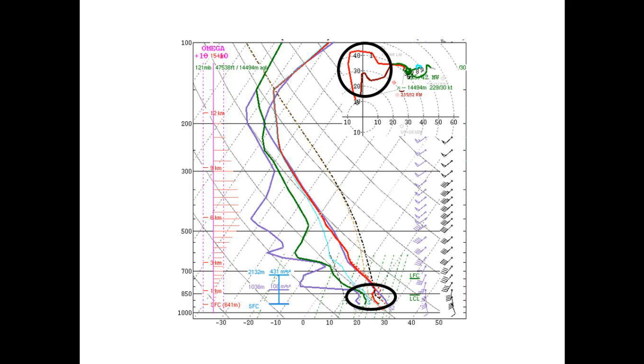If you look down low, we did cool. So the boundary layer did cool, and in a sense it became more stable. But what happened to the moisture profile? The moisture increased simultaneous with the cooling surface temperatures. Well, that's going to lower LCL heights and reduce evaporation potential. But in this case, the moisture increase is more important than the temperature decrease.